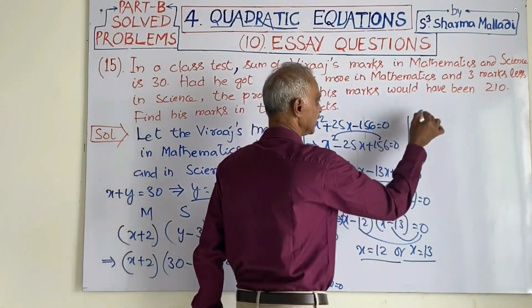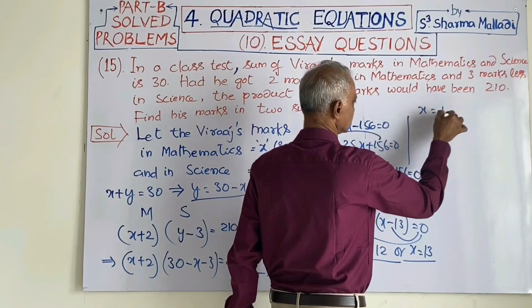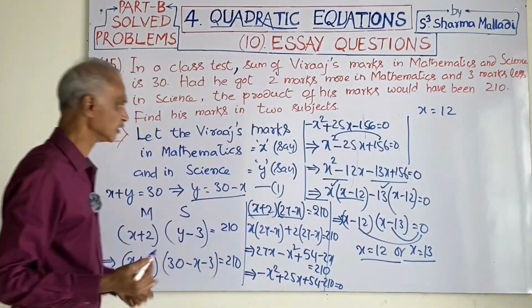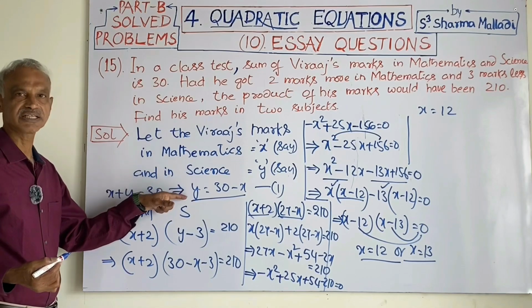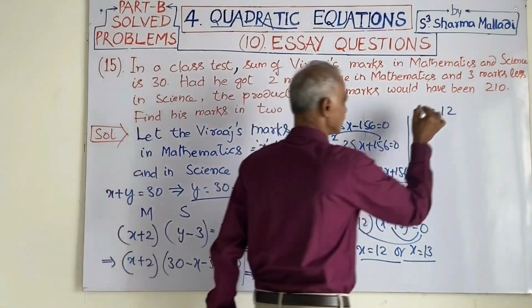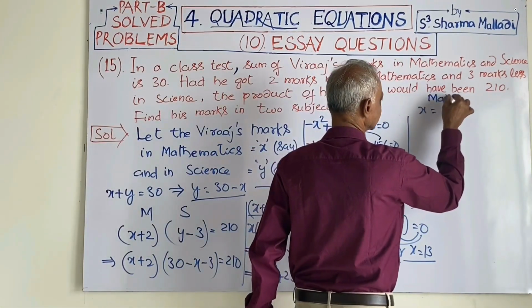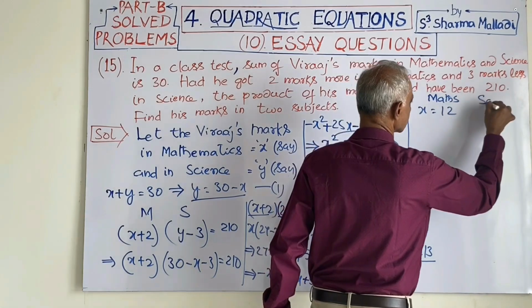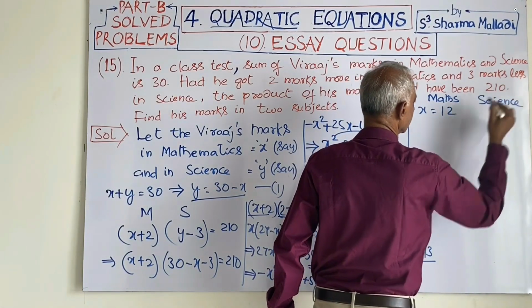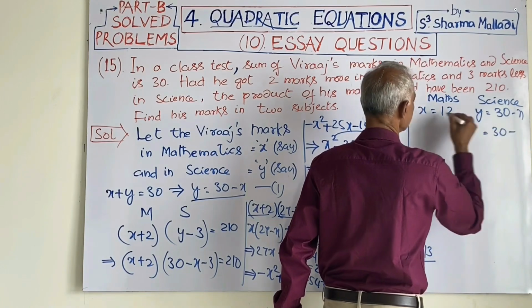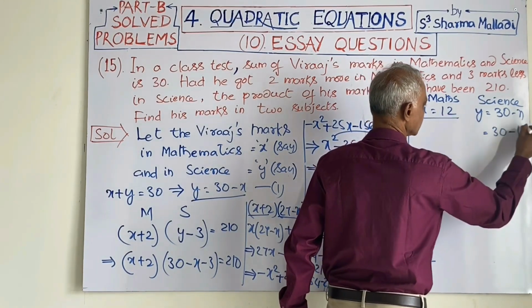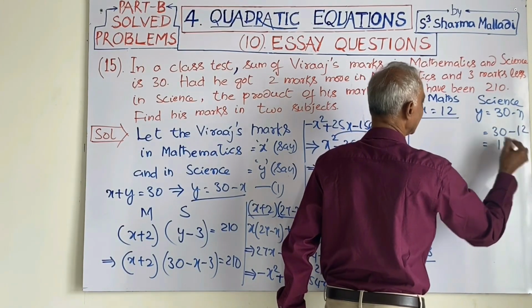Now you take x is equal to 12. In mathematics he got 12 marks. How many marks did he get in science? See, this is maths marks. Science marks is 30 minus x. What is the value of x here in maths? 12. It is equal to 18.